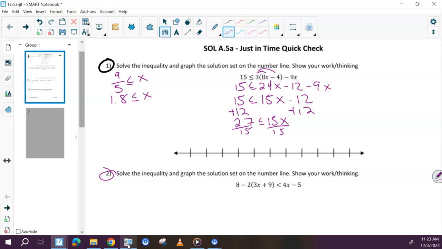If you could read this backwards, so 1.8 is, this is a less than or equal to, but right now it's still less than, is less than x. You have to read it backwards like that. Then you know it's going to be less than. Or if you'd rather take the whole thing and flip it, whatever direction this is pointing to or away from the x, it just has to be the same.